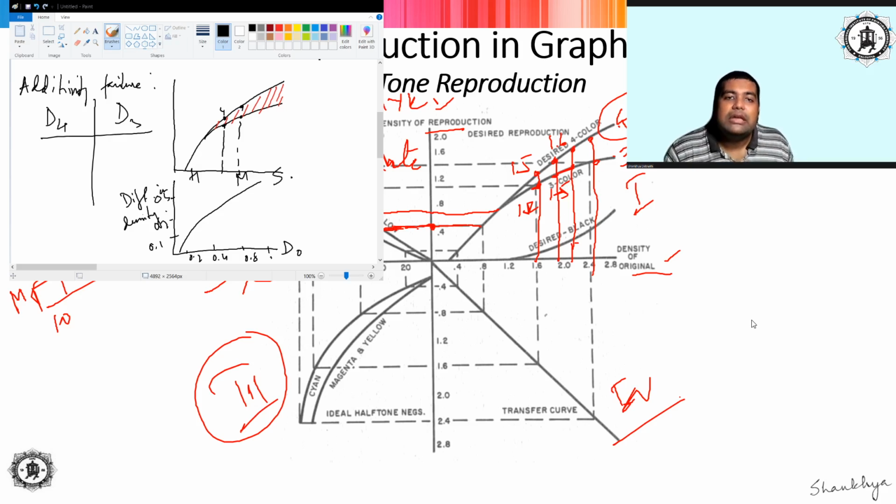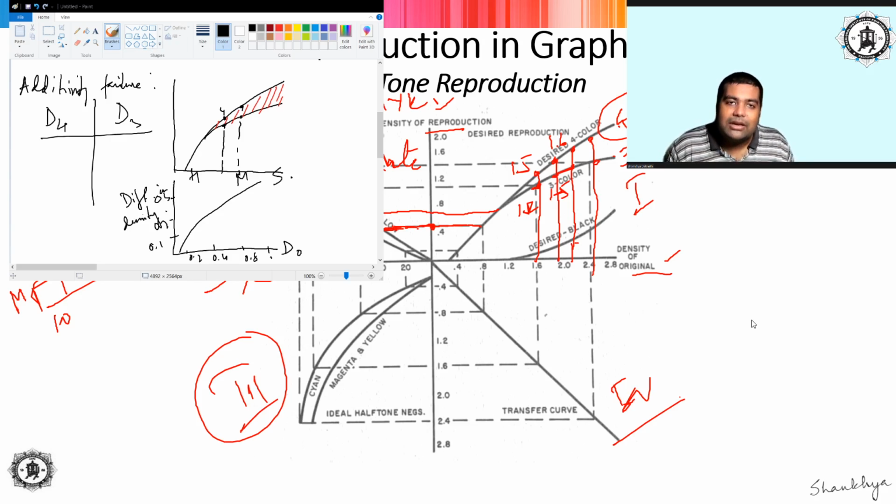Now from this, what you have to do is determine the halftone characteristics of the ideal black halftone negative by tracing in both directions from the original axis in quadrant 1 and on the Jones diagram until sufficient points have been plotted to generate the black halftone negative.